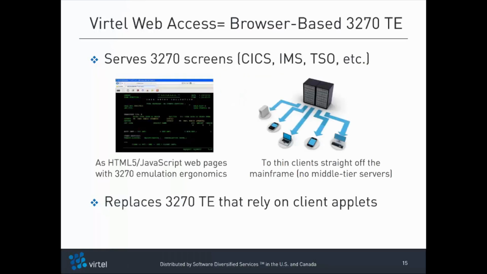Virtel Web Access serves 3270 screens such as those of CICS, IMS, TSO, or Natural as standard HTML5 JavaScript web pages with 3270 terminal emulation presentation, layout, and ergonomics to thin clients straight off the mainframe without the need for middle-tier servers. Virtel Web Access is a modern alternative to traditional 3270 terminal emulators that rely on client applets.